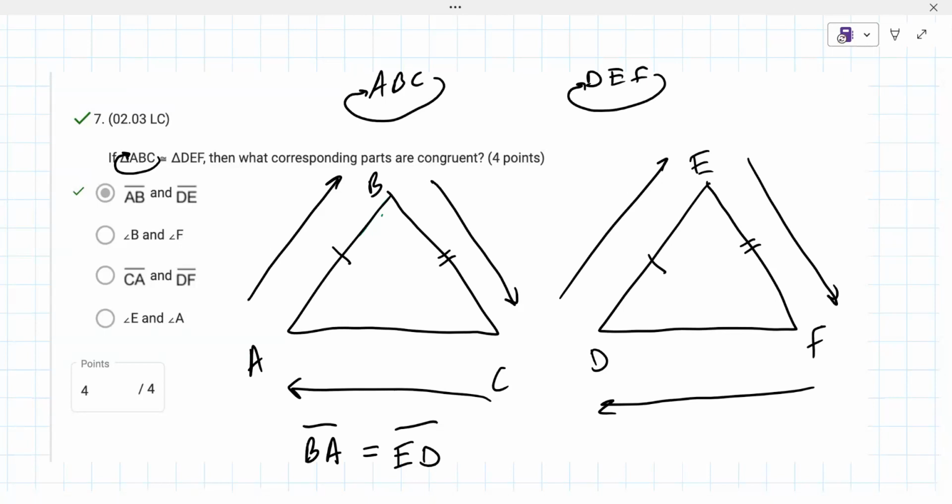This was one that I didn't quite understand, so let me put this in the chat. All right, there we go.